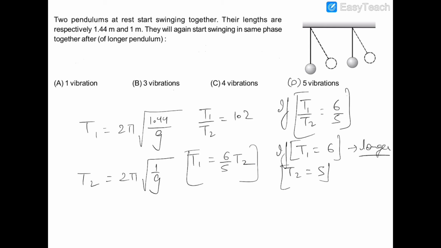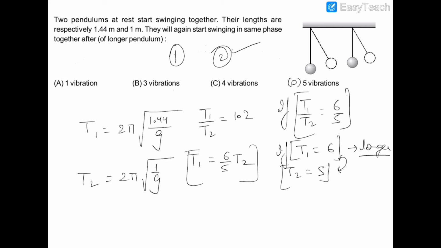In these kinds of questions, we have to find out the common time in which they will complete an integral number of oscillations. For example, if a pendulum has a time period of 1 second and the other pendulum has a time period of 2 seconds, then the common time in which they will complete an integral number of oscillations would be 2 seconds.